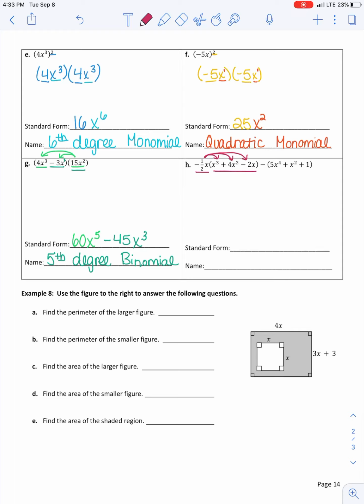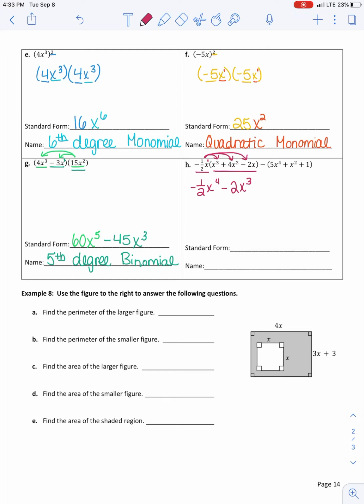Negative 1/2 x times x to the third is going to be negative 1/2 x to the 4th, because don't forget that imaginary 1 there. Then we have negative 1/2 x times 4x squared. Negative 1/2 times 4, we're basically taking half of 4, is going to be negative 2. And then we have x to the third.